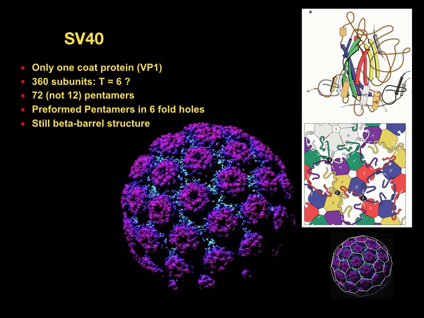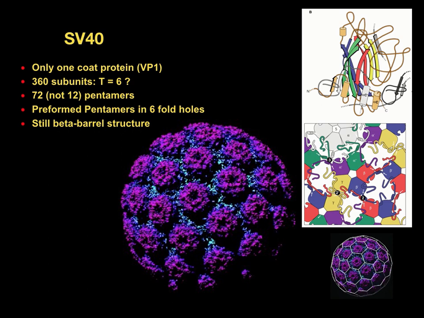Then we have viruses like this one, SV40. This one is formed by just one type of protein, so it doesn't have what's called pseudo-equivalence, and it has 360 subunits, which is very strange because there is no way to get a T number of 6 by triangulation.